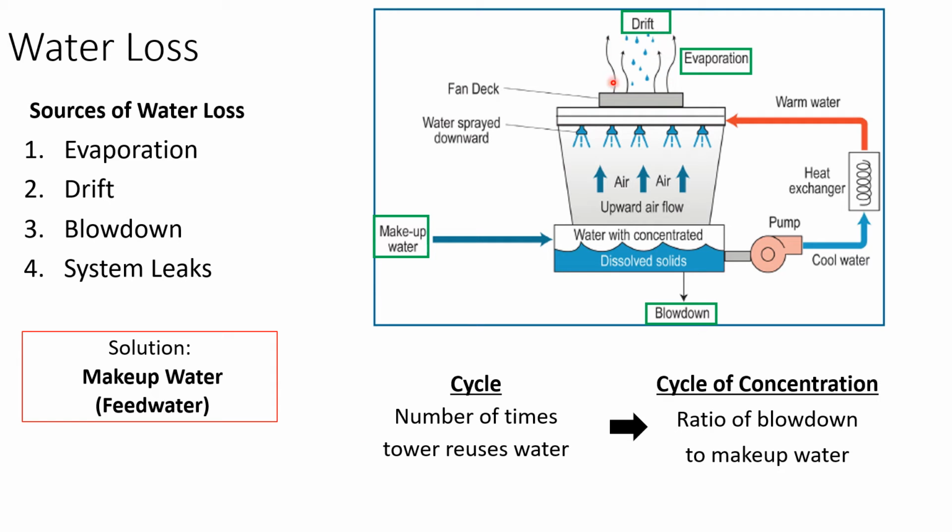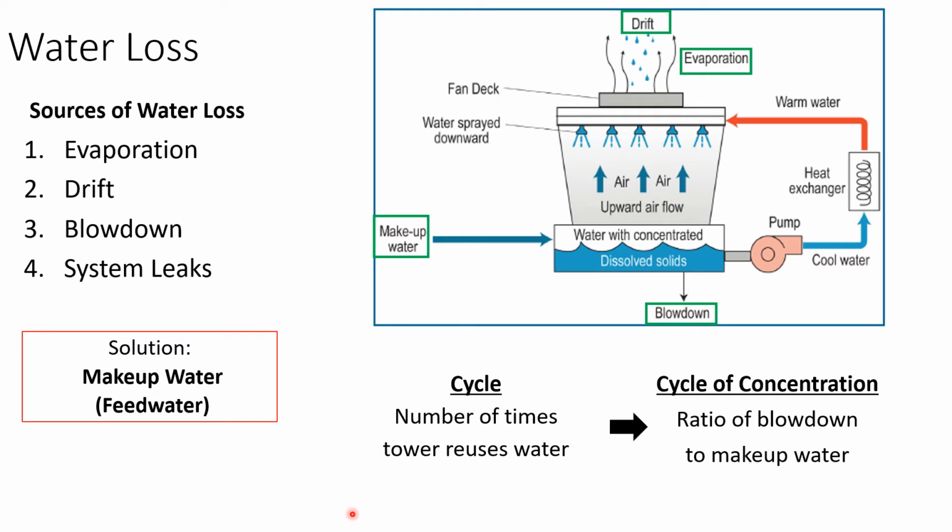Drift is water droplets that are picked up by the air as it moves through the tower, and the drift eliminators are installed to pick up these droplets and minimize water loss. Blowdown water is water that's drained from the cold water basin to remove impurities like dissolved solids that are left behind when water is evaporated. System leaks are self-explanatory and can happen at any point in the process.